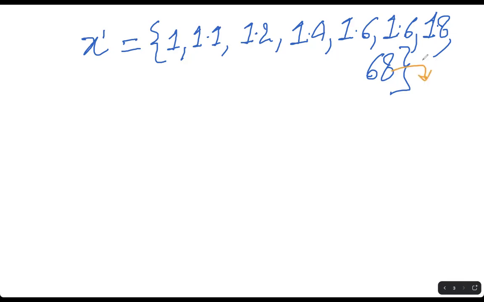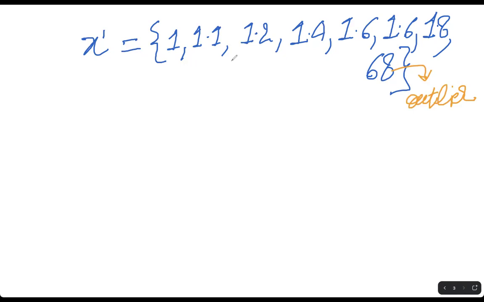Or you can say this is your erroneous point. Now, the difference between x and x dash is nothing but just one observation. There is no other difference; the only difference is in one observation.